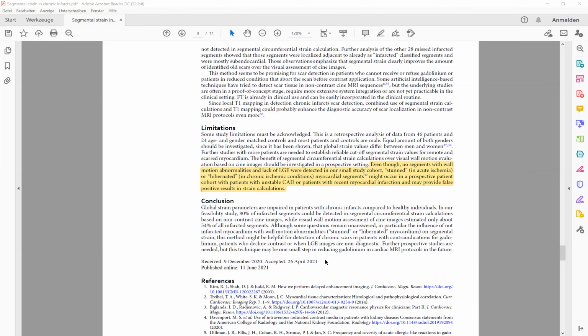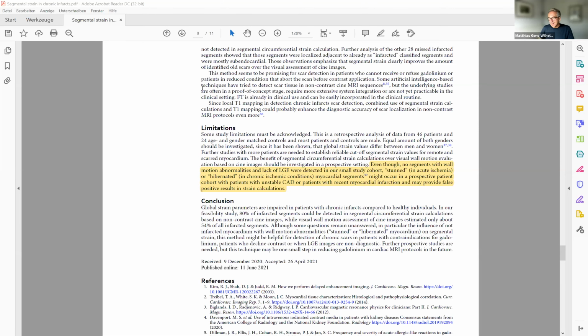So not just seeing the CINE sequences or the T1 mapping, but also try to do the segmental strain analysis for detection of scars if LGE images are non-diagnostic or contrast was not applied. But of course, there are many problems with this method. It's a very basic method, and bigger studies are required to evaluate if it's feasible in a bigger setting or in a prospective setting. Thank you very much.